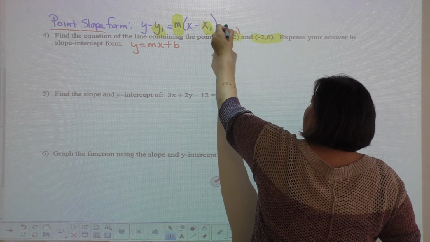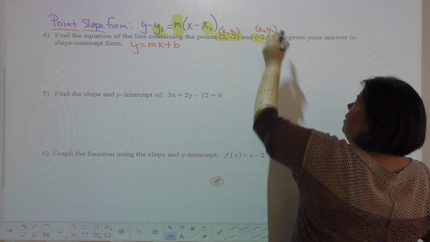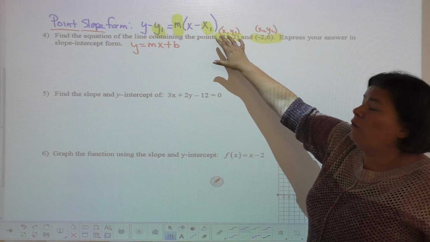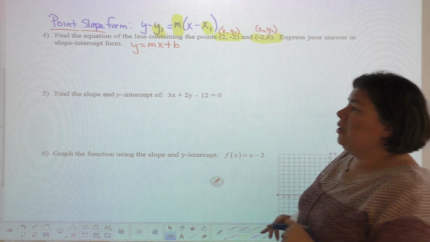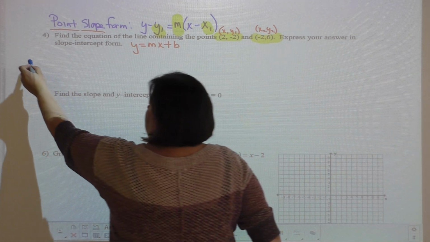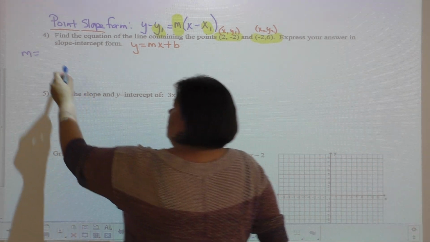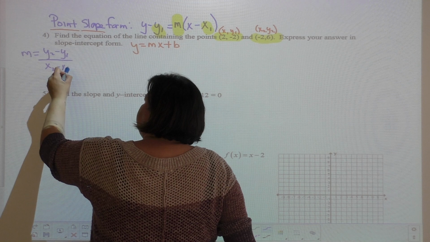But because they gave us 2 points, we can easily find our slope. So if we go ahead and use the slope formula, and since we have 2 ordered pairs, I'm just writing right above them my first x and y value and my second x and y value. From day 1, you've learned that the slope formula is your change of y's divided by your change of x's.